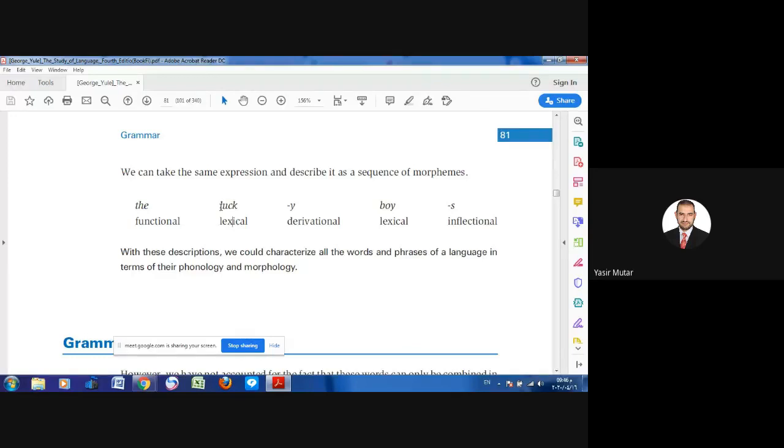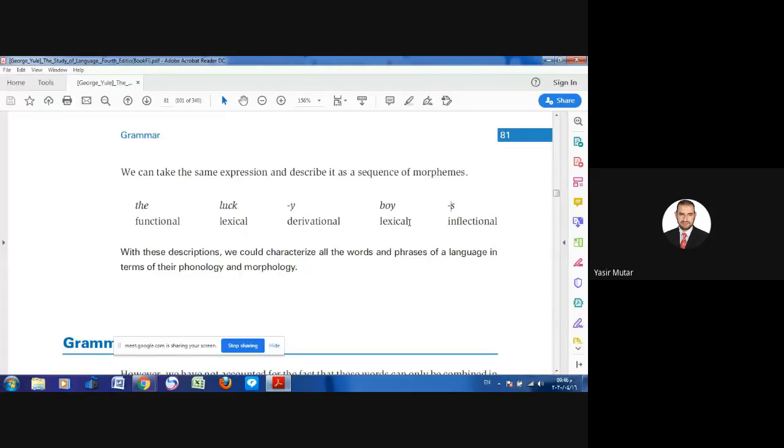But luck alone is a lexical free morpheme. Boy is also a lexical free morpheme. And we have this inflectional S for the plural, to identify the plural. So S is an inflectional bound morpheme.